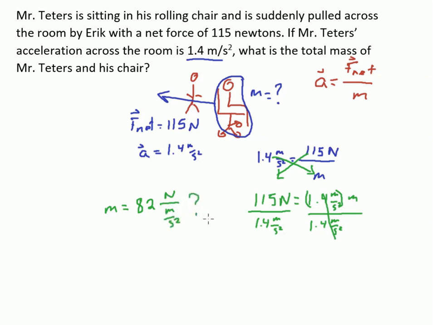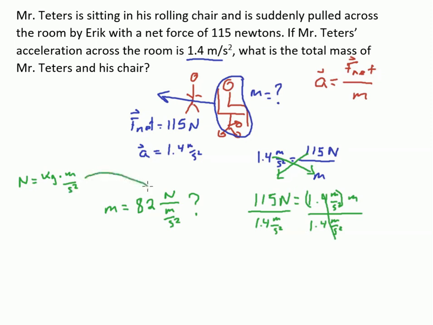That doesn't look at all like a mass. A mass should be something like grams, kilograms. But remember, the newton is a kilogram times meters per second squared, the force required to accelerate a 1 kilogram mass at a rate of 1 meter per second squared.